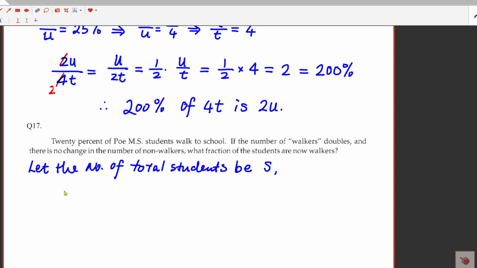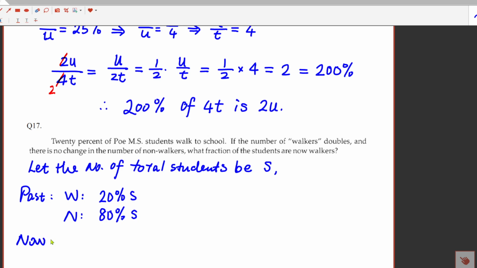Then according to the given information, in the past, we have walkers as 20% of S and non-walkers are 80% of S, right?